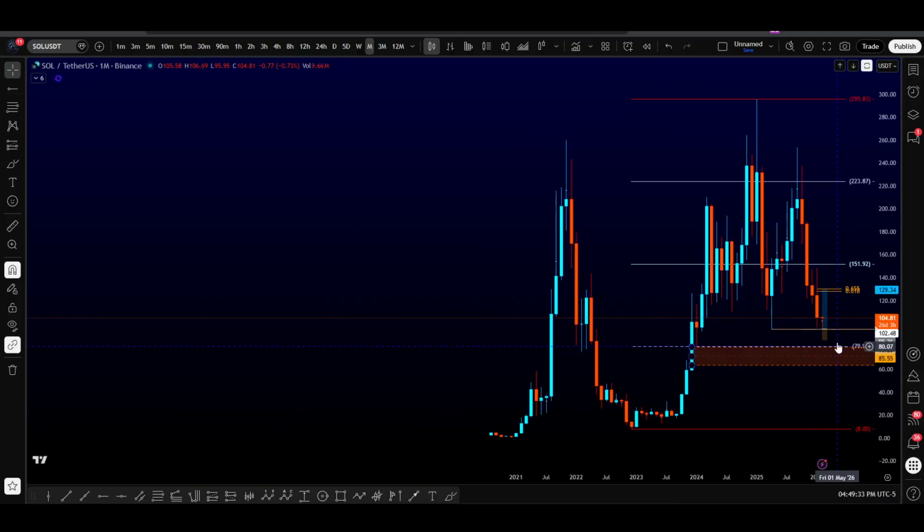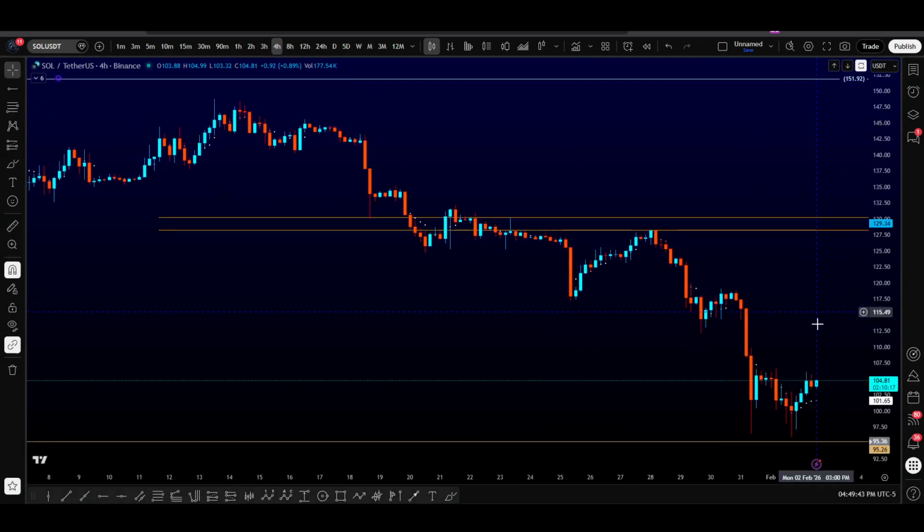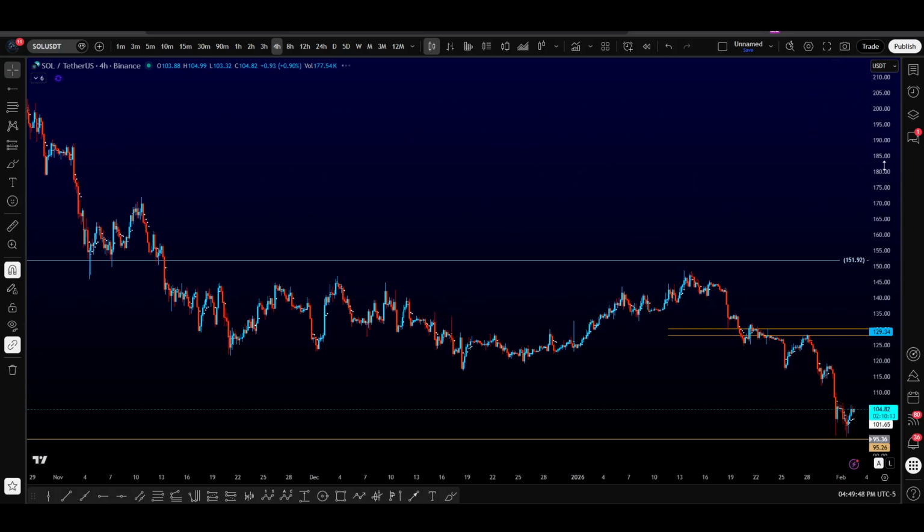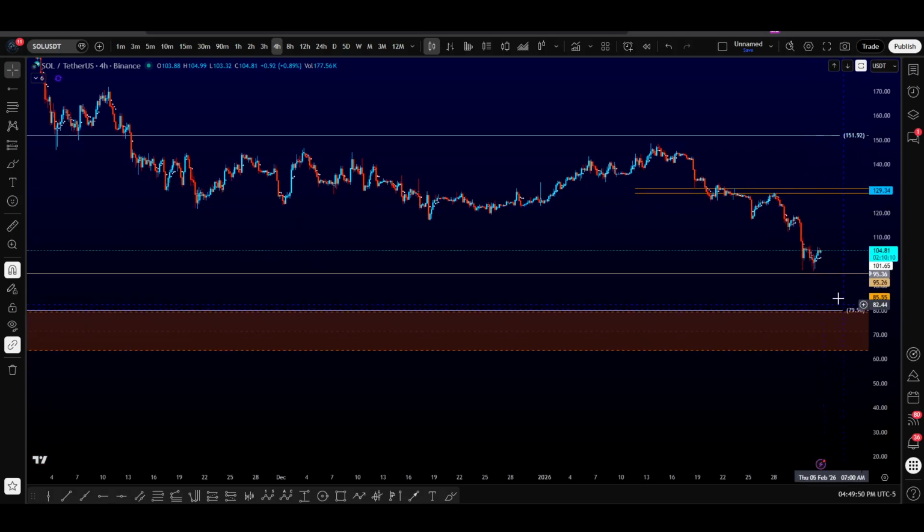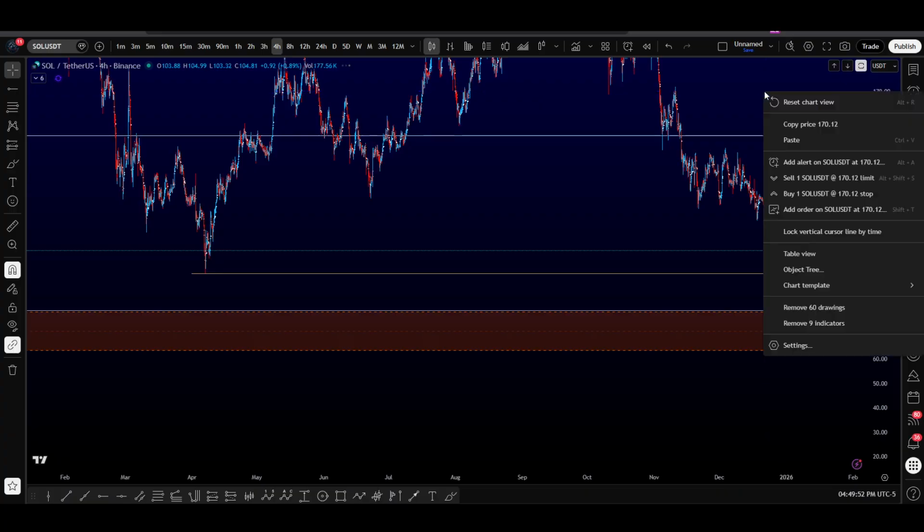We are getting to a point though, we're around pretty big support levels. So a bounce is expected soon, but I would not be looking for a major bounce until, like I mentioned before, we start to trade below $95, sweep that liquidity, or at least get down to this $80 level, right?